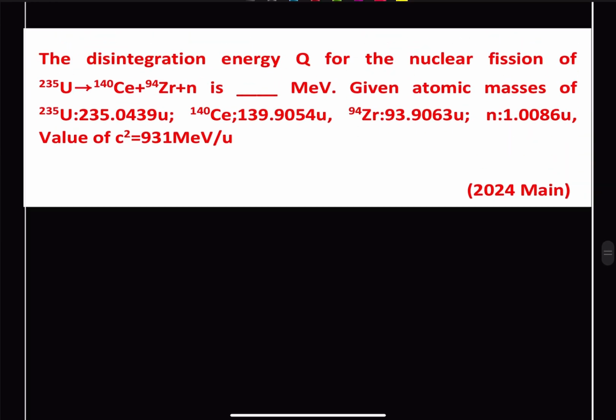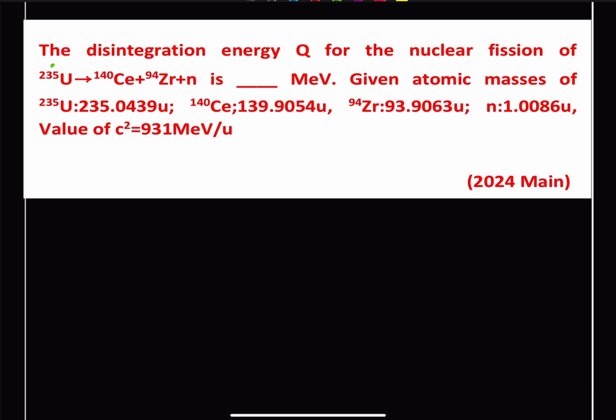Next question. It states that the disintegration energy Q for the nuclear fission of uranium into Ce, Zr and n is given, and their atomic masses as well as c square are given to us. So here we can just use our mass defect and find out the energy.